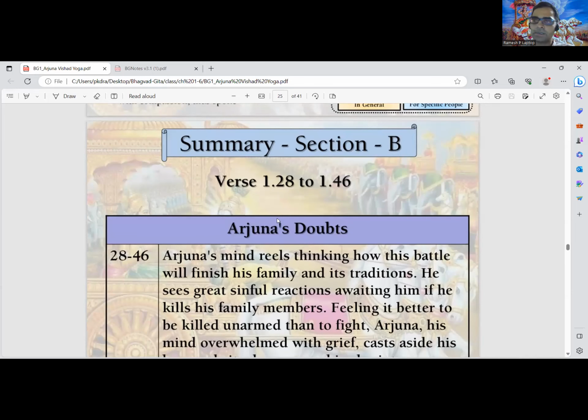He goes to that stage also. He even says that he'll go to the forest, but will not fight these elderly people. He has so many doubts, which we'll see verse after verse. All these verses are Arjuna's doubts.